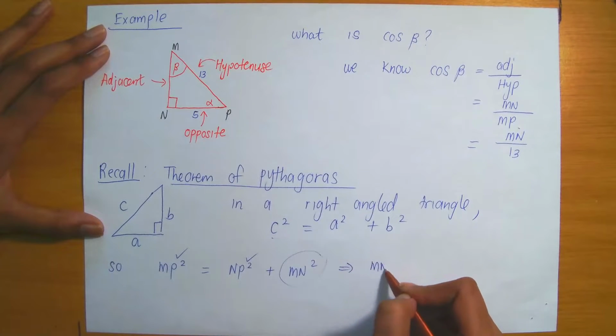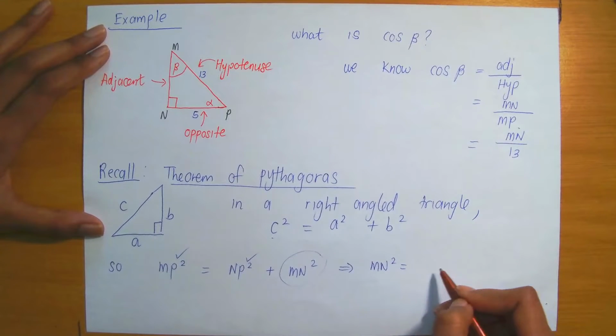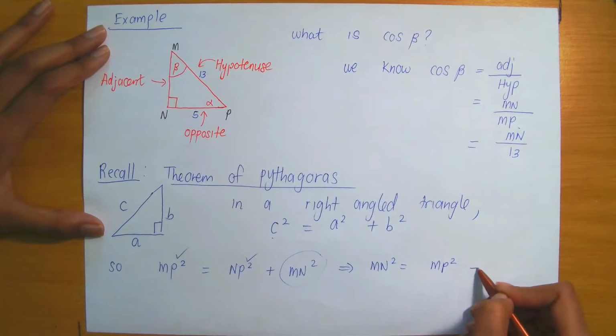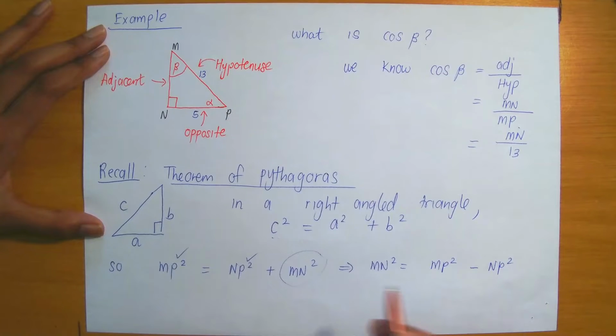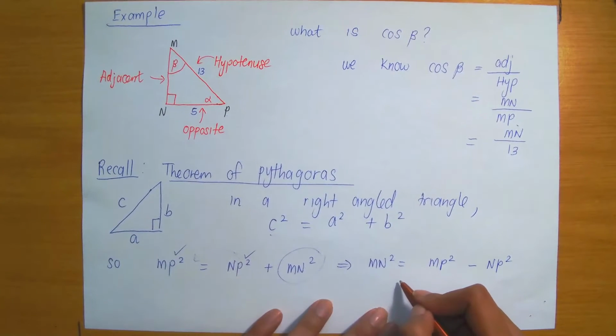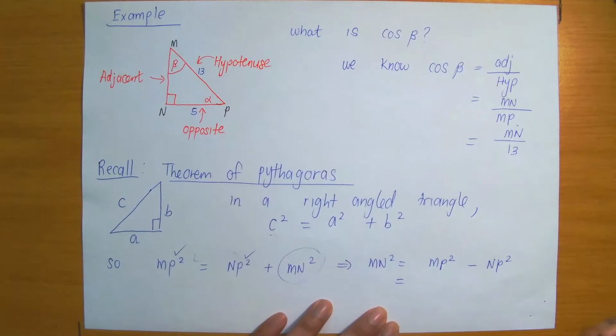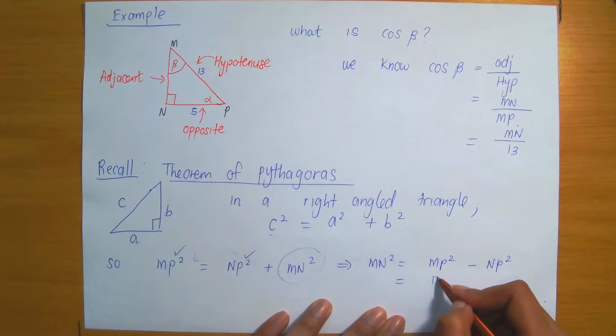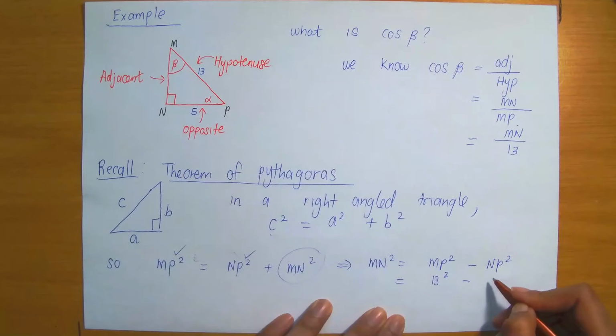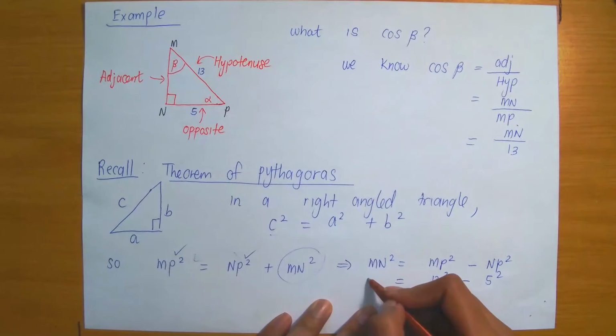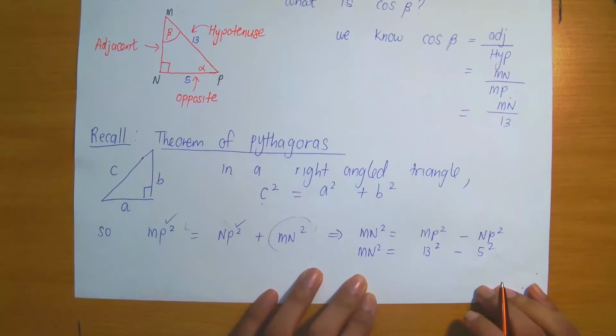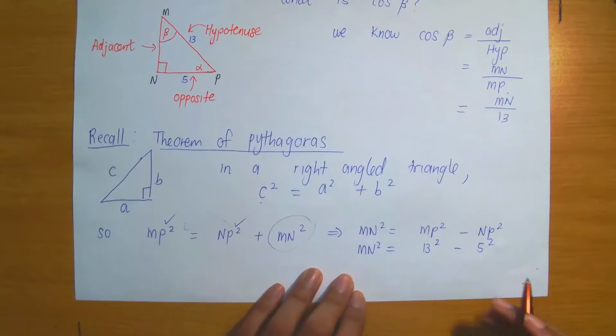This implies that MN squared is then equal to MP squared minus NP squared. So I've just taken that into the other side. So putting in all of the information, MP squared is 13 squared minus NP squared, which is 5 squared. Right, so MN squared is equal to 13 squared minus 5 squared.